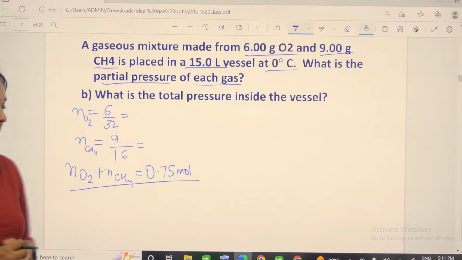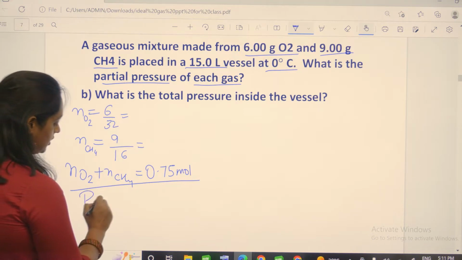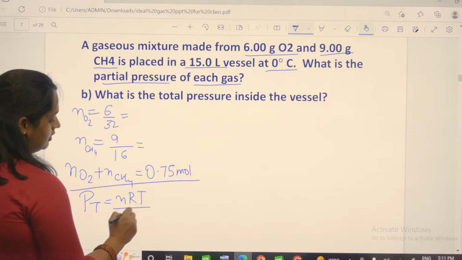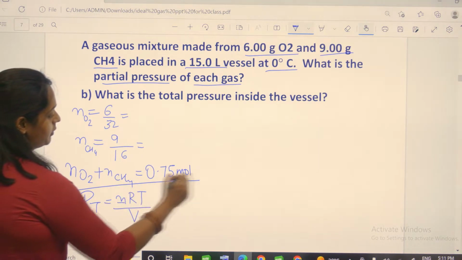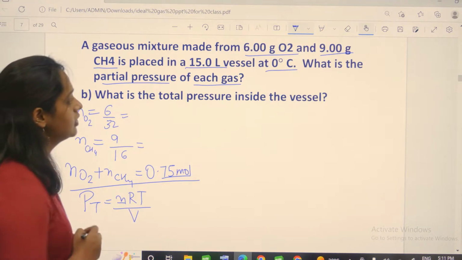PV is equal to nRT में प्रेशर टोटल is equal to nRT upon V. n is 0.75. Rest of the values are given in the question.